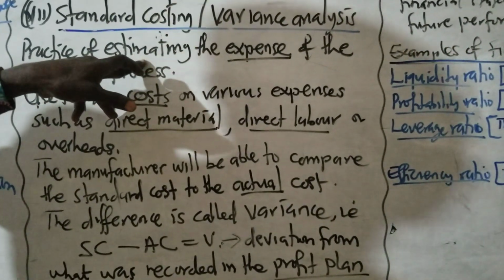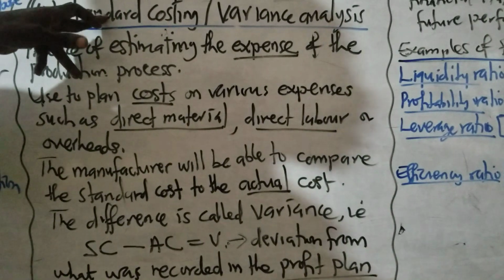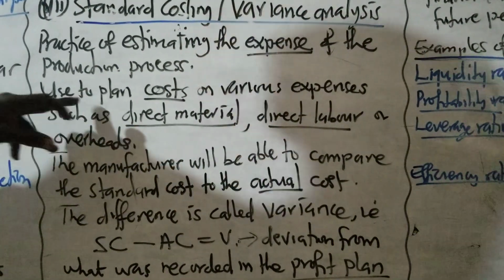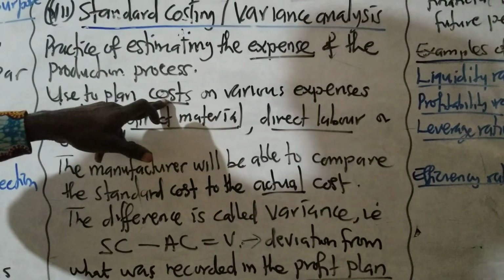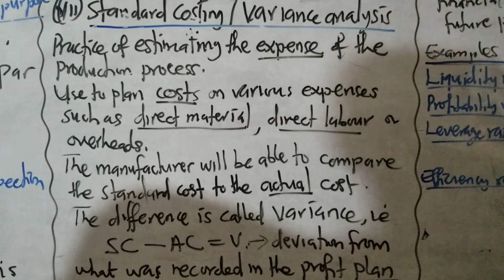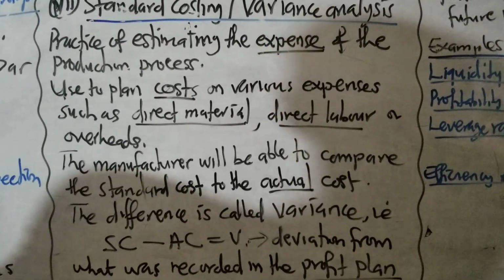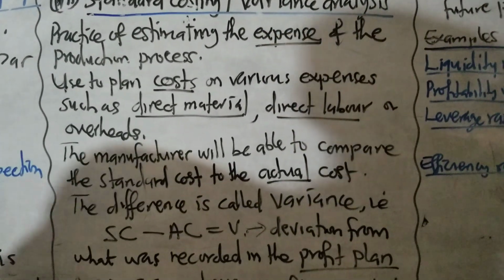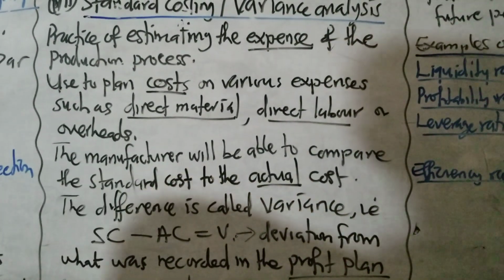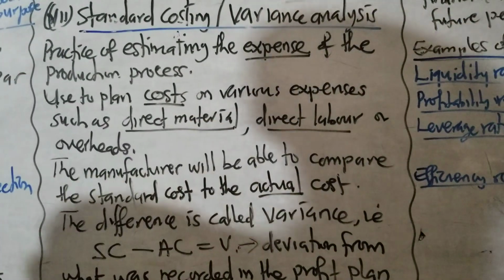And that will be the standard costing, the standard. And then I said you use it to plan cost on various expenses, just as I've said: direct materials, direct labor, and overheads. The manufacturer will be able to compare the standard cost to the actual cost.